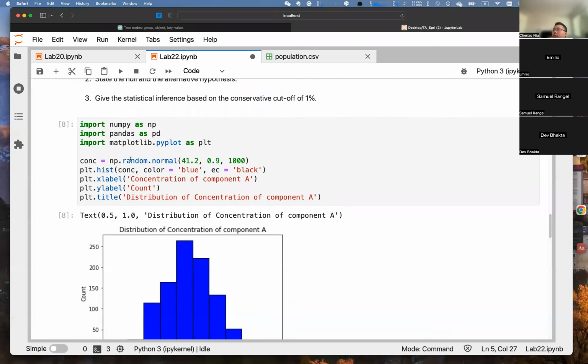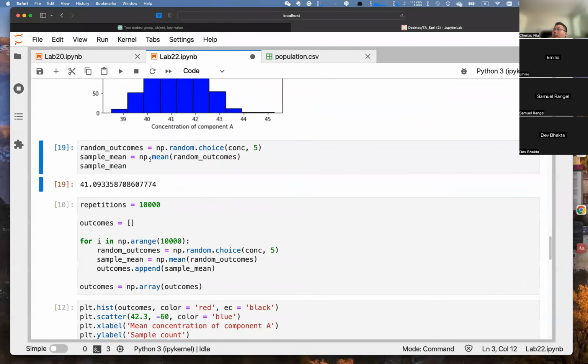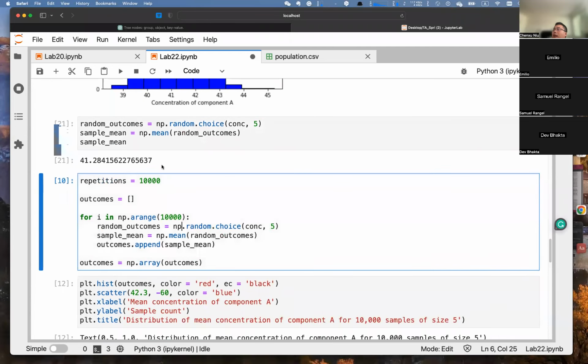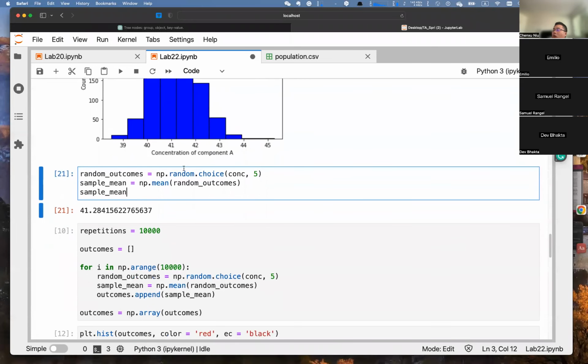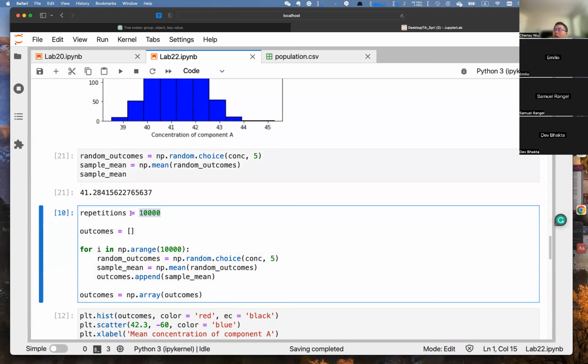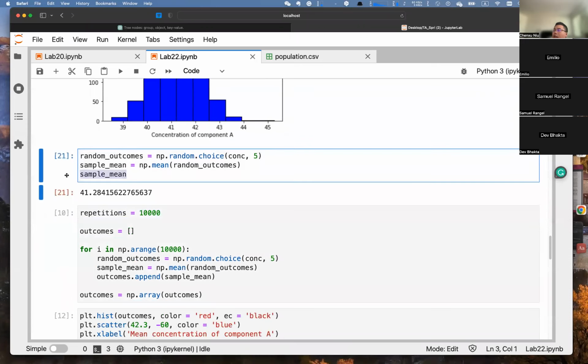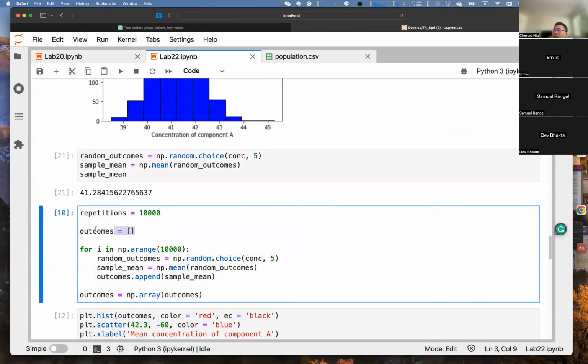And after that, run again, let me run again. And run again, so it is only one experiment, so we need to do more simulations. In this example, we do the simulations for 10,000 times and use the outcome. So here, only one result, right? And the outcomes means we want to have 10,000 results.